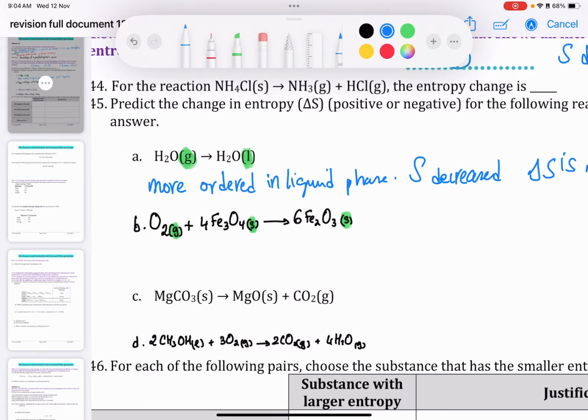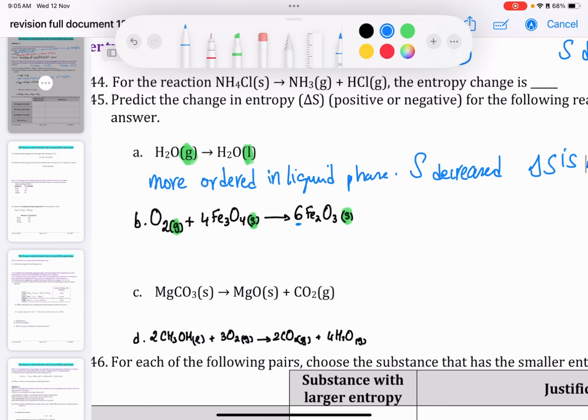Even if you count here, you find 5 moles, 1 plus 4, compared to 6, but still you have to pay attention to the physical states. So in the reactant, you had 4 solid particles. Now you have 6 that are solid. So it became more ordered. So the disorder didn't increase.